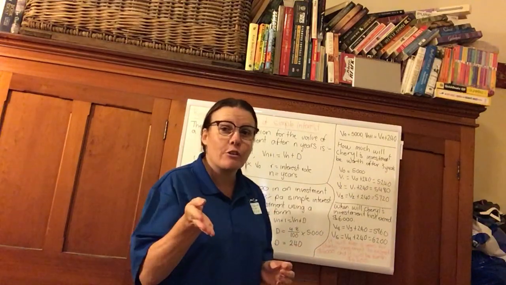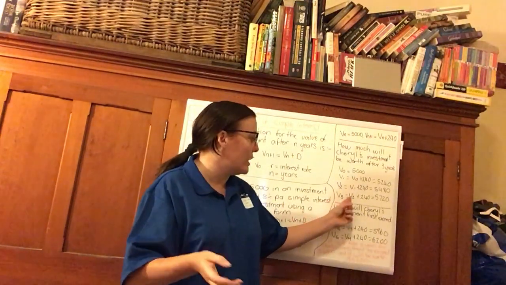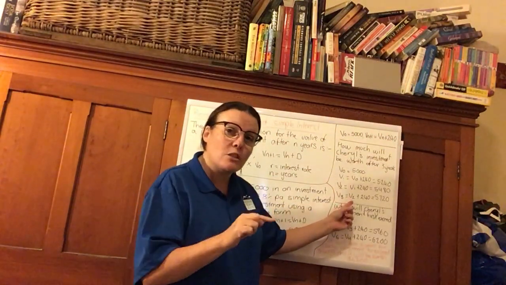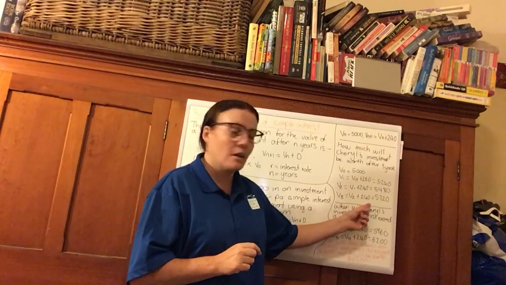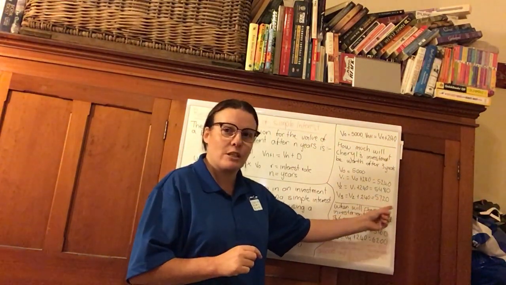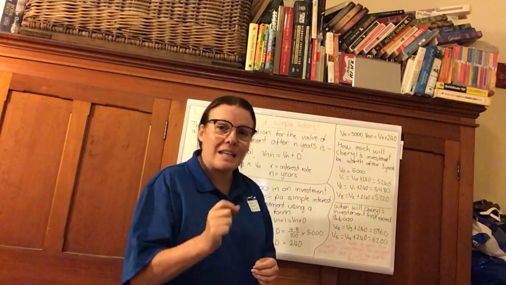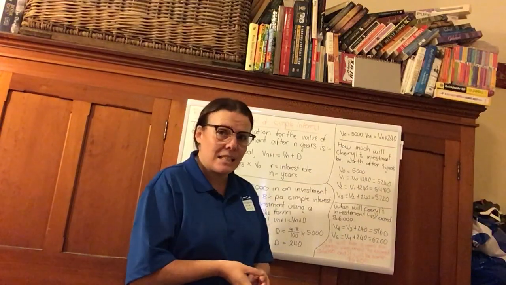V3, so at the end of the third year, which is what we wanted to calculate. So at the end of the third year, we'll have the V2 value plus $240. So that gives us a total of $5,720. So to answer this question, of course, I would state my answer as a sentence.